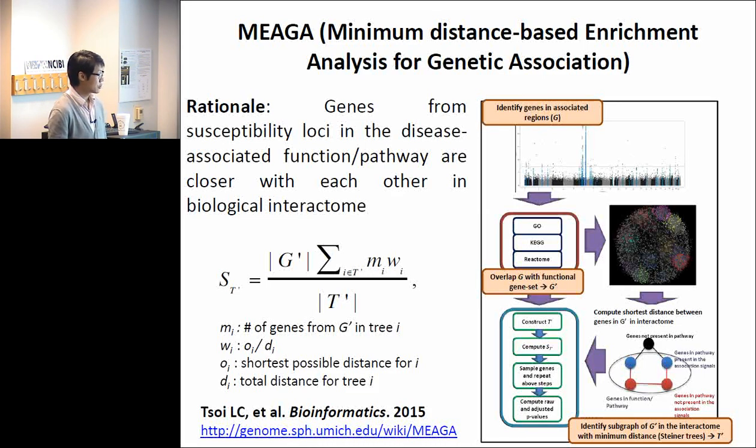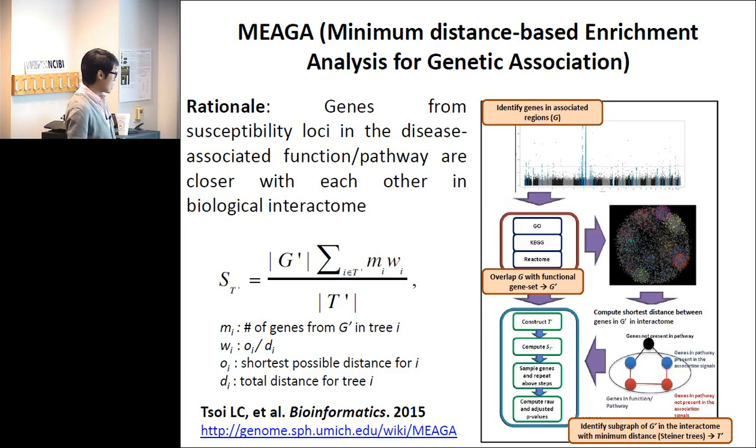I'm going to mention that in a minute. To assess the significance of S, we randomly select loci, do the whole process again to get a null distribution of S, and then assess the significance of the S that we observe from the associated loci.